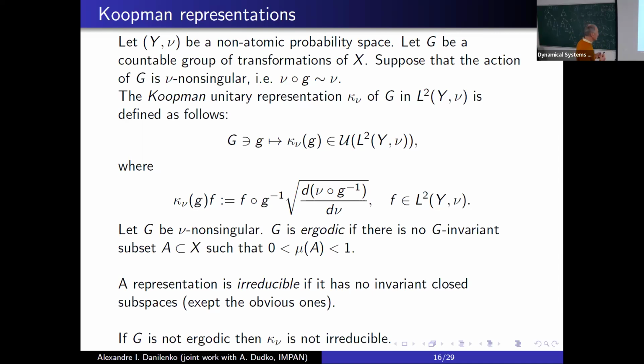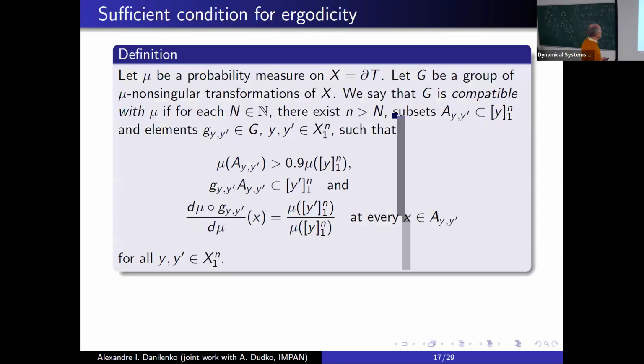So first of all we need to construct ergodic actions. So how to produce ergodic? We know how to construct finitary measures, which implies that the action will be non-singular, but that's not enough. We would like to have ergodic.